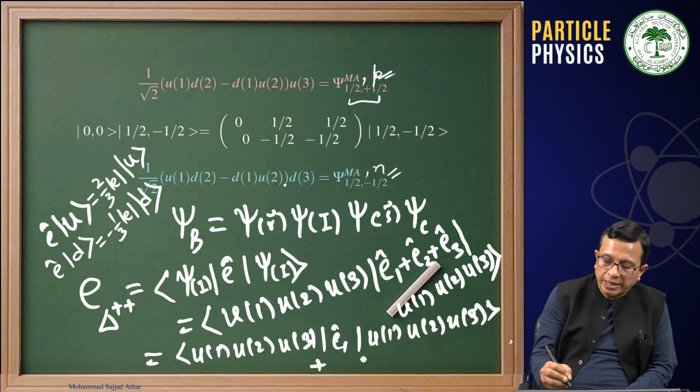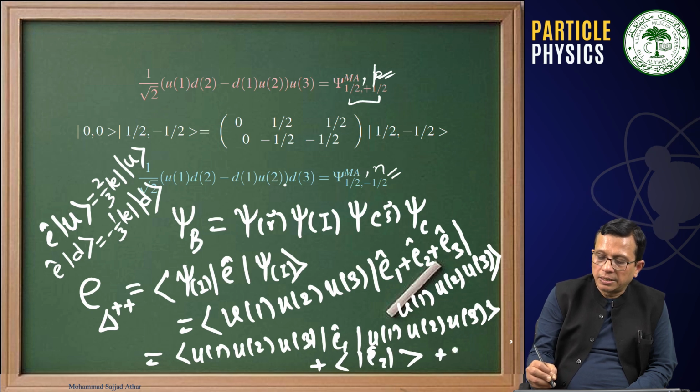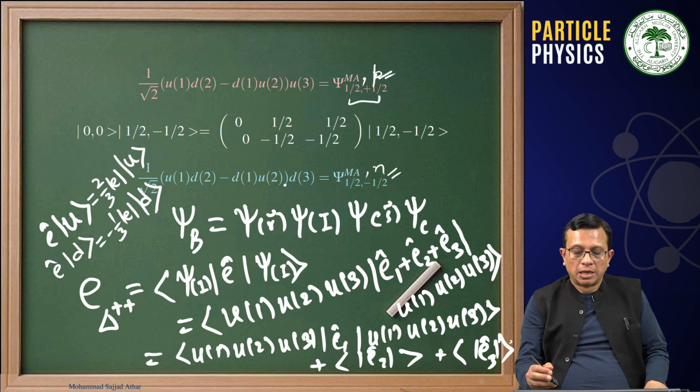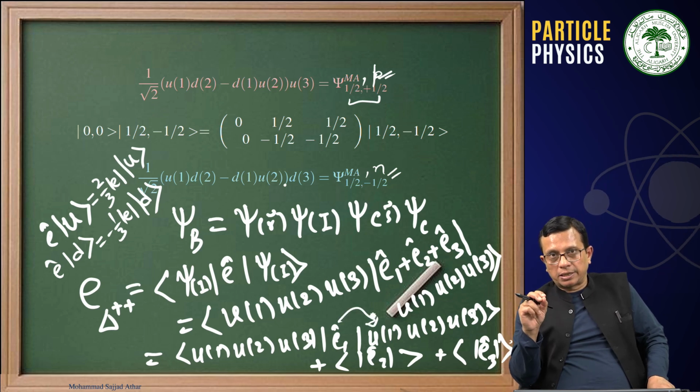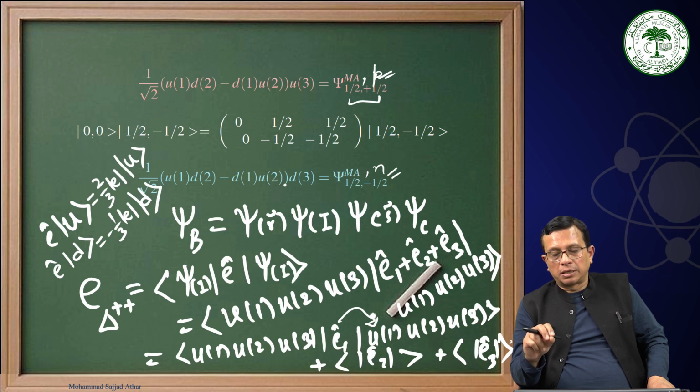Then similarly we write e2, and similarly e3. Now e1 will operate on the quark wave function which is in state 1.